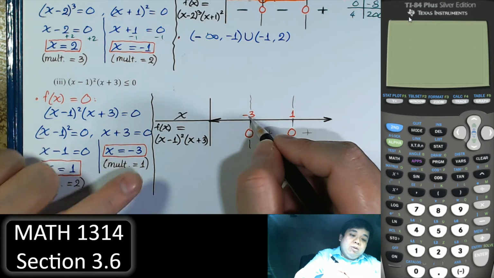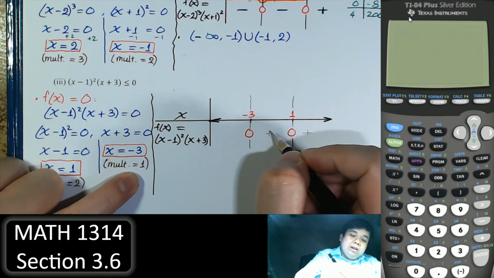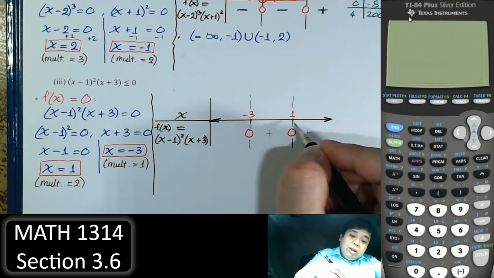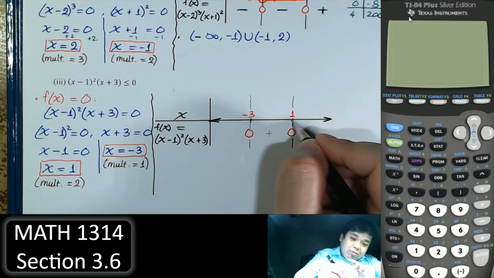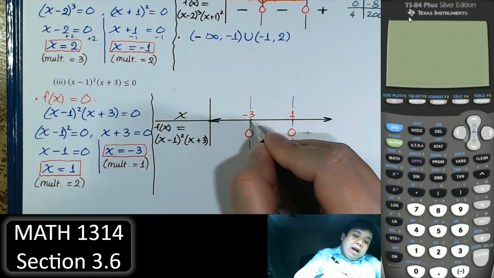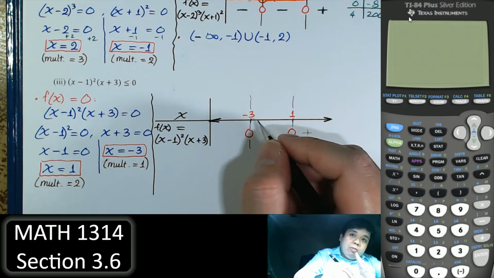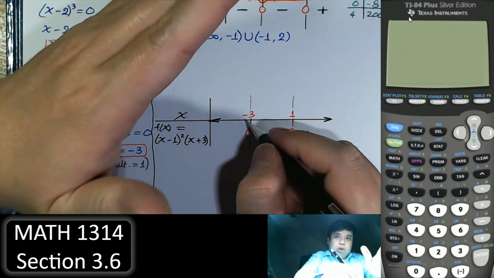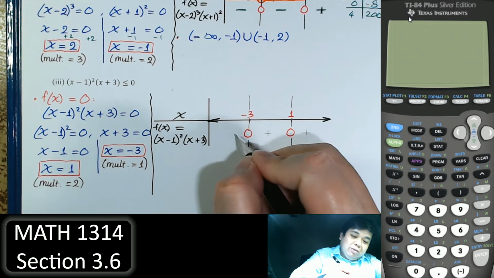And -3 is multiplicity of 1. 1 is a multiplicity of 2. So when close to 1, it will touch the x-axis and turn around. So both sides are positive. At -3, an odd multiplicity, so it will go through the x-axis. So one side is positive and one is negative.